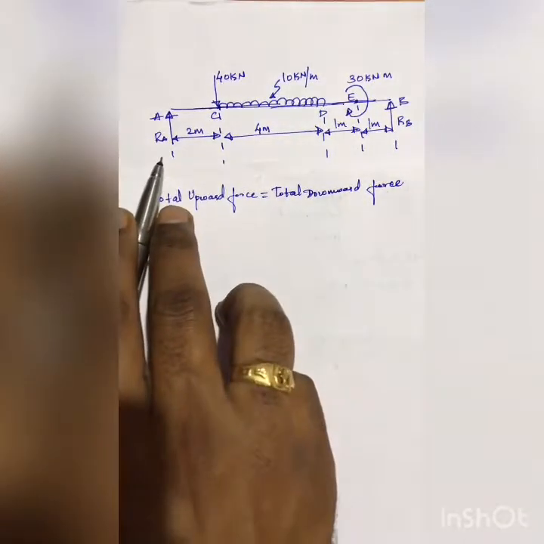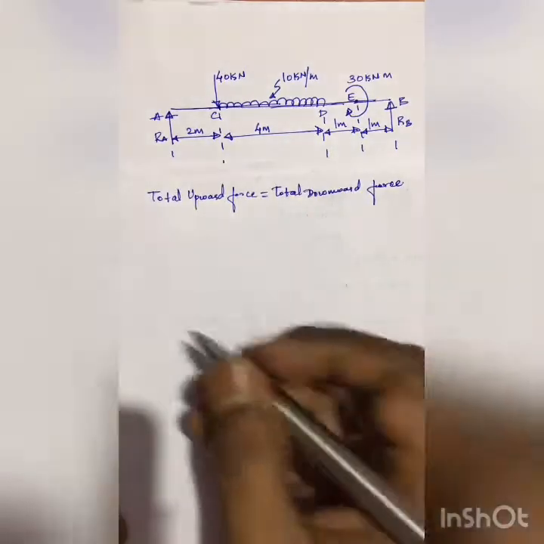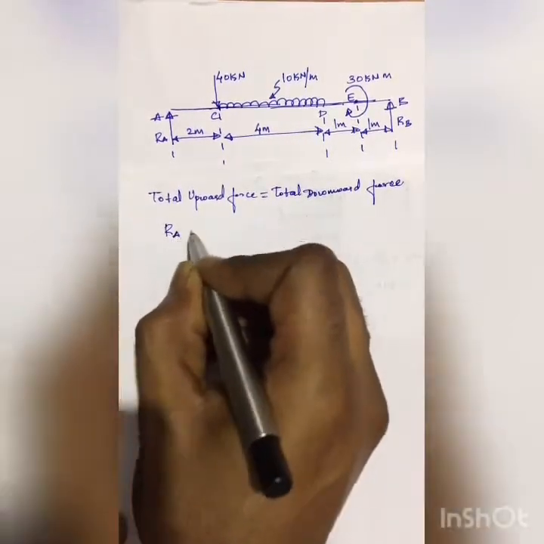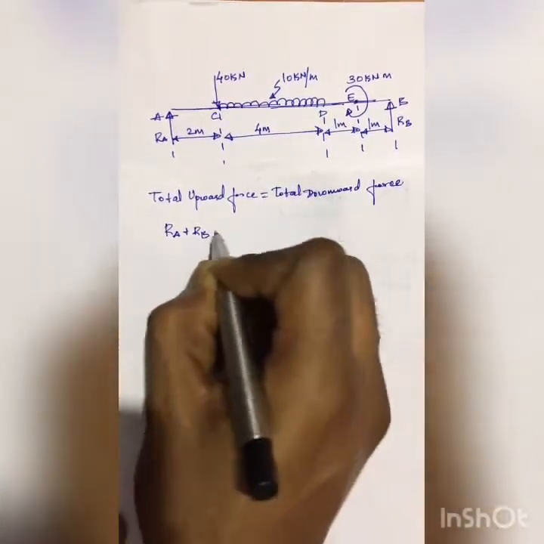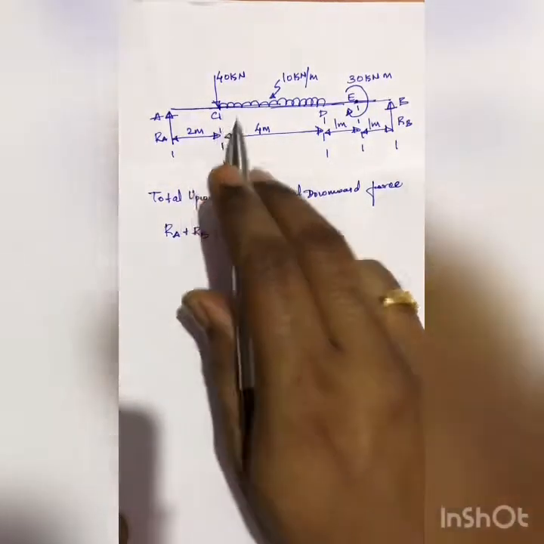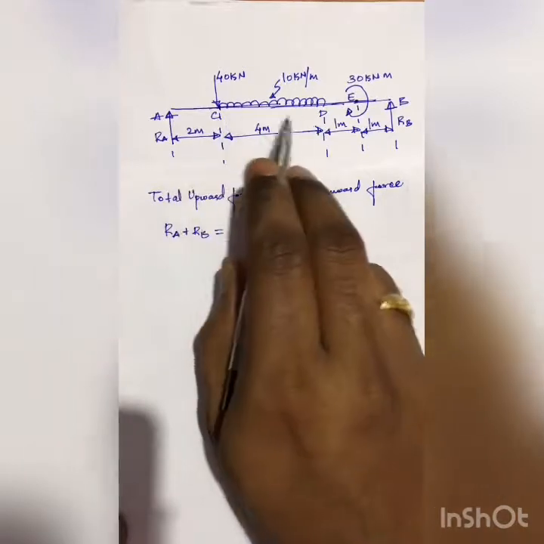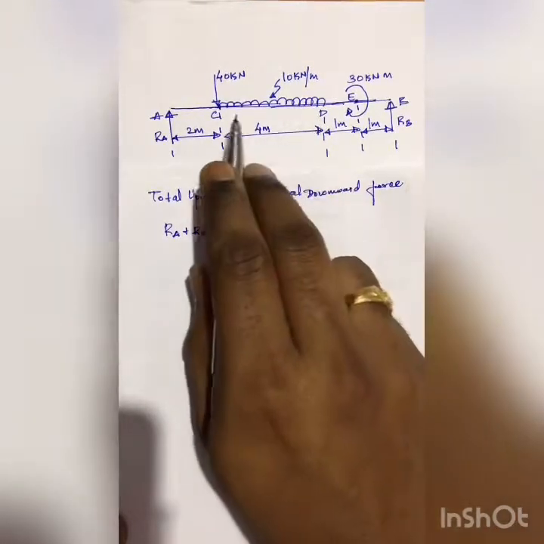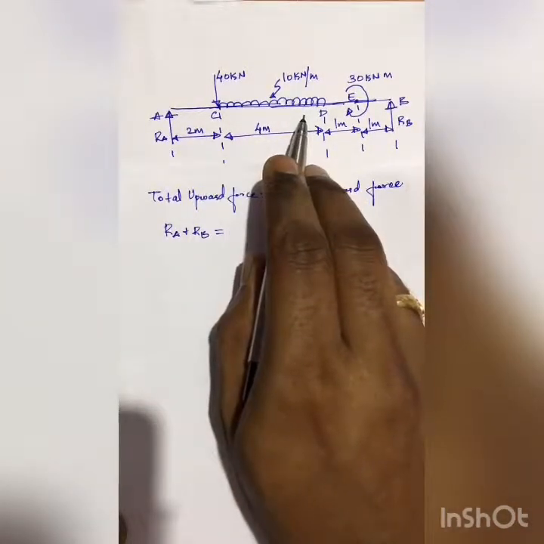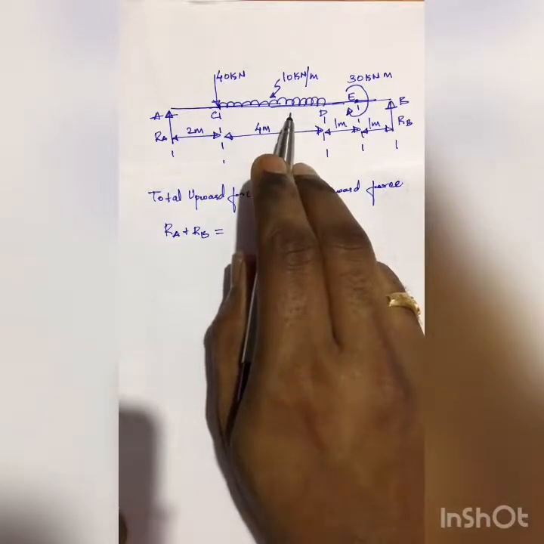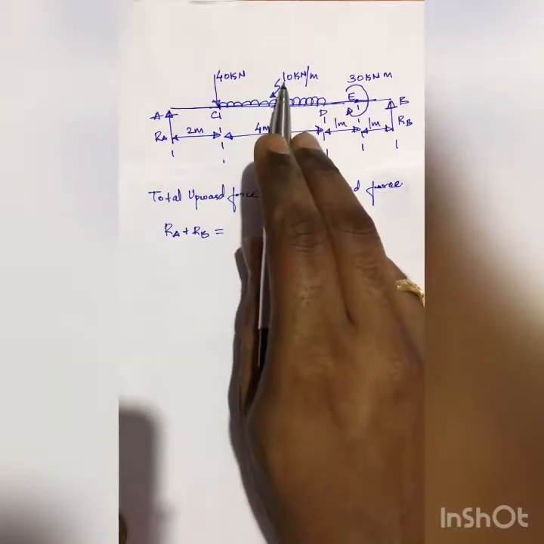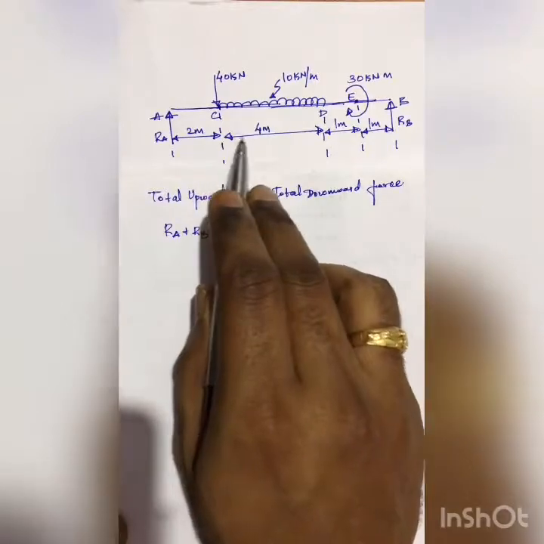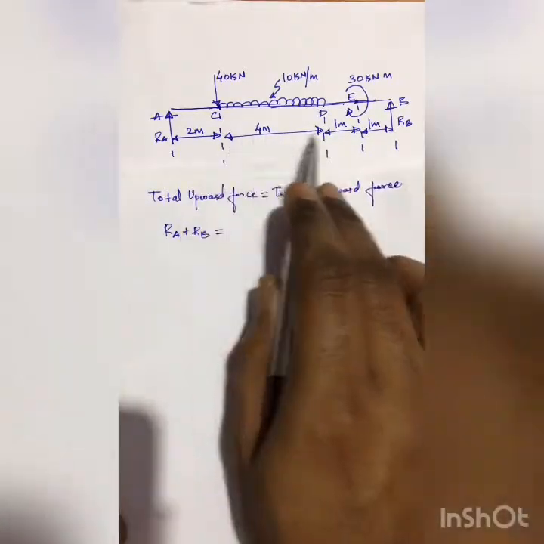Now the total upward force acting here is due to RA and RB, that is RA plus RB, which is equal to the total downward force. We have two downward acting forces here, one is this point load and another is this UDL. The UDL is a load intensity, which we need to convert into the equivalent load by multiplying the load intensity by the length over which the UDL is acting.